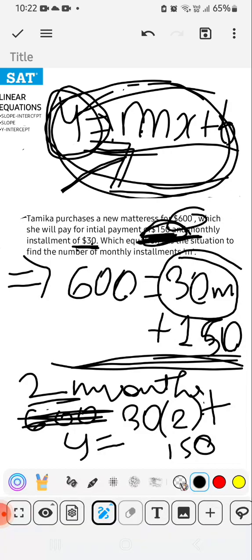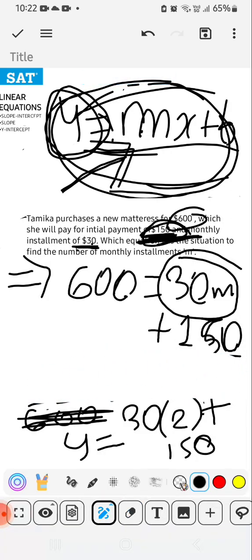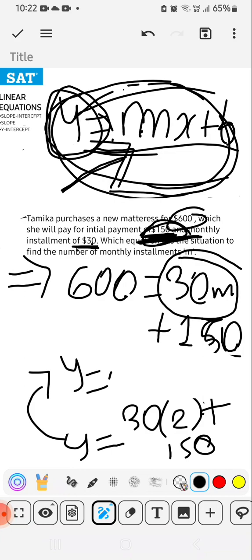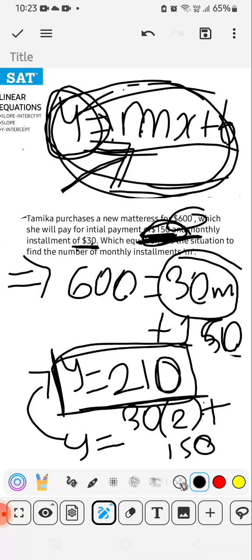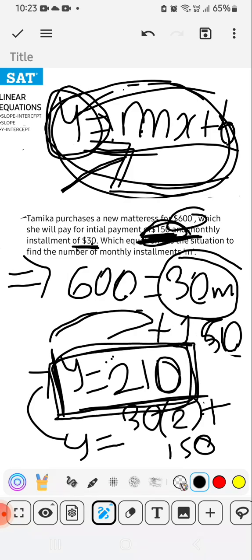The value of y would be 150 plus 60, which is 210. Then in the second month, she would have paid $210. And remember that in the SAT, do not include signs and symbols such as dollar signs in your student-produced response answers. No symbols should be included in the answer.